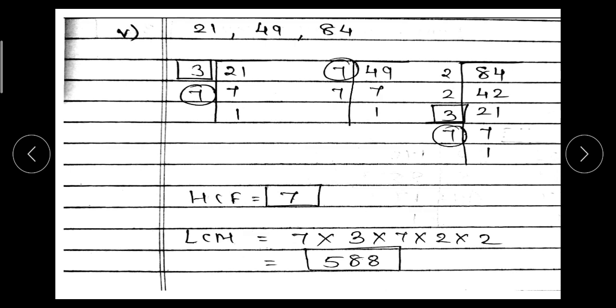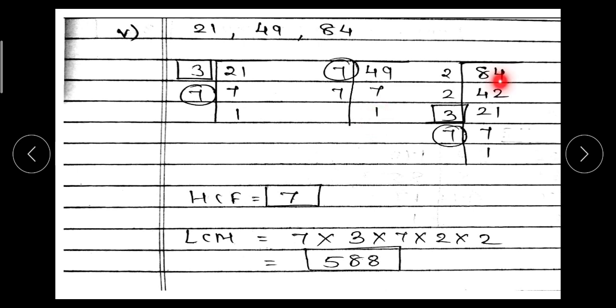Question number 5. 21, 49, 84. Factors of 21 are 3 7s are 21. 7 1s are 7. Factors of 49 are 7 7s are 49. 7 1s are 7.